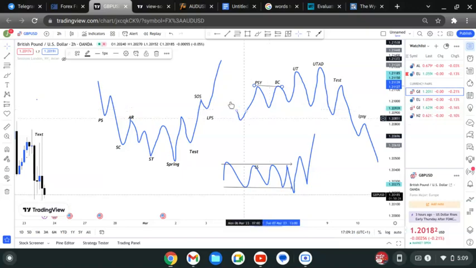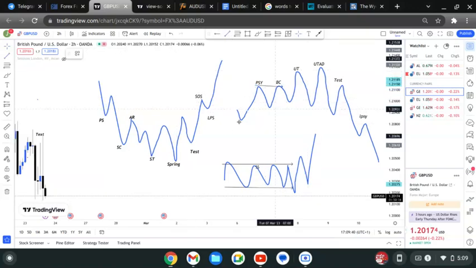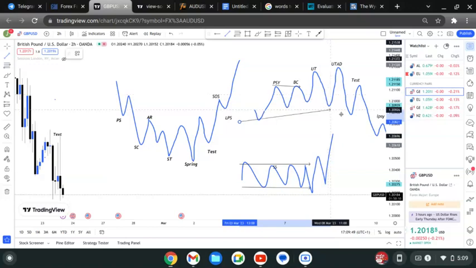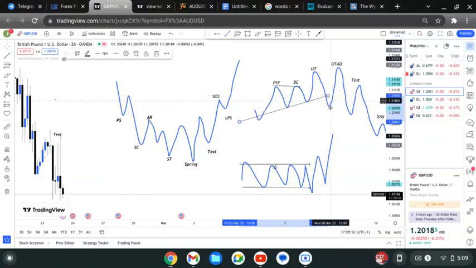When you now put imbalance and other concepts I'm teaching on this channel, it takes out people that are trying to buy on this trend line, liquidates them, UTAD, the test, LPS, and the markdown.